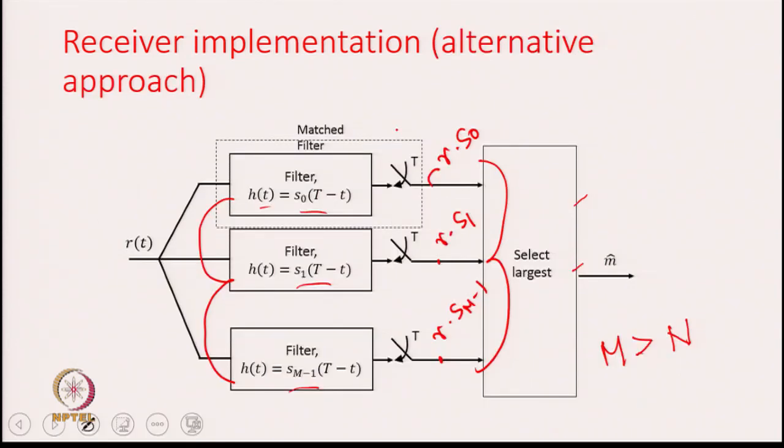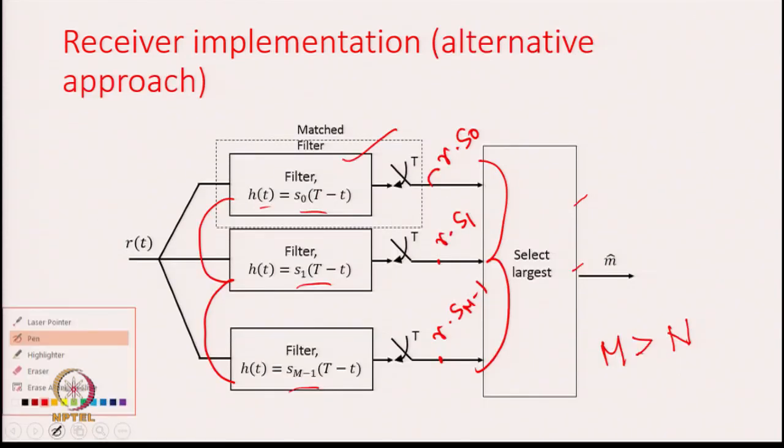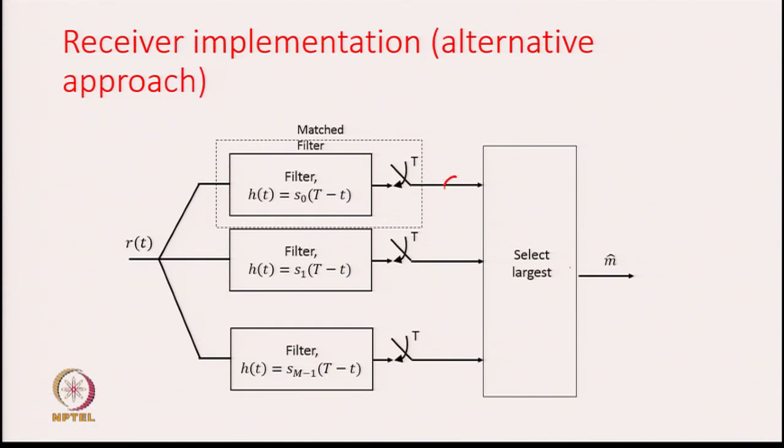Of course, here as well we have to add a bias if the signals are not of equal energy and do not occur with equal probability before taking the decision. Okay.